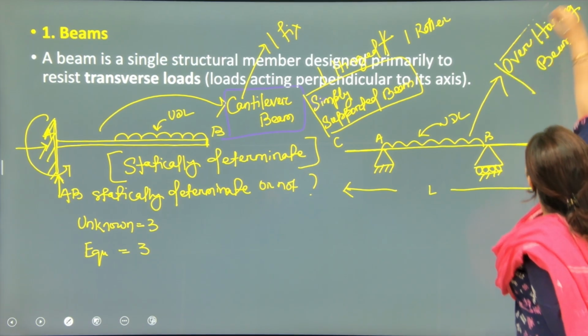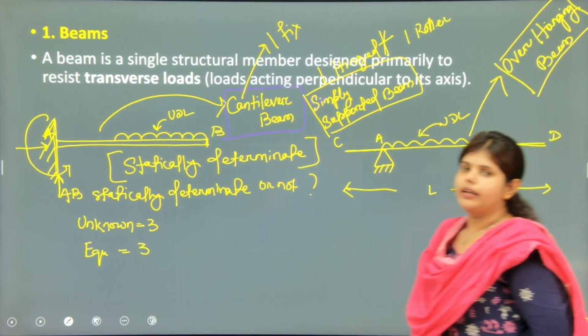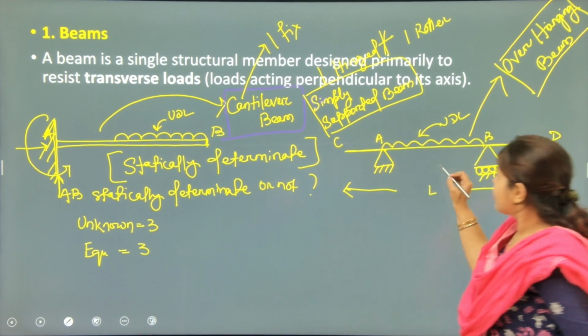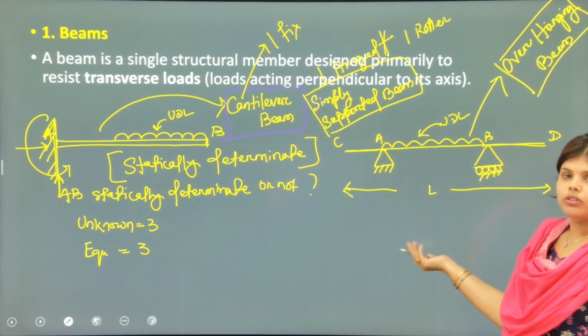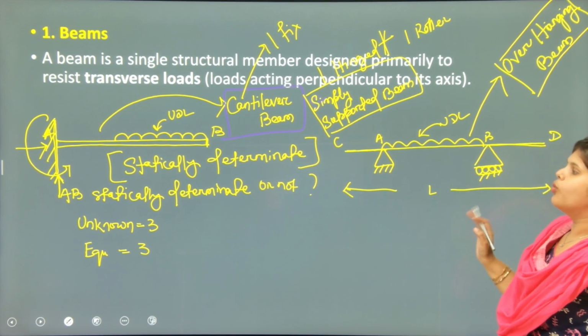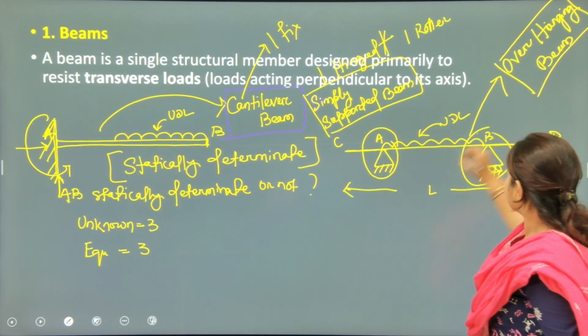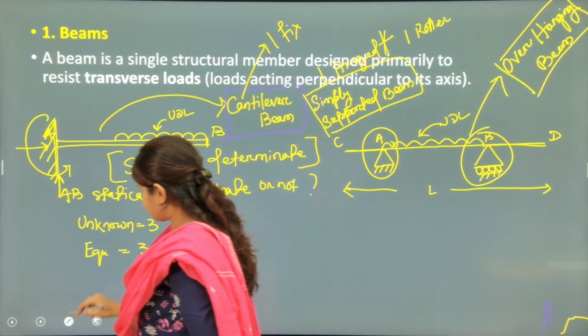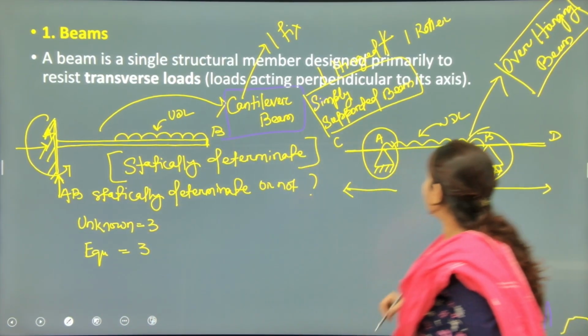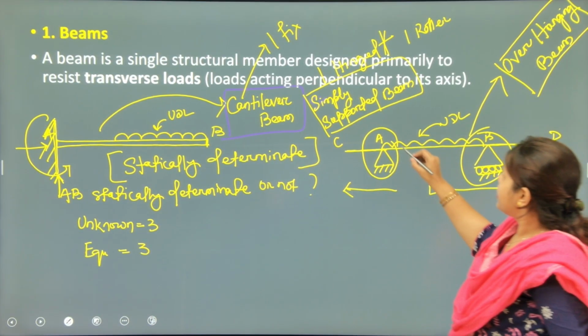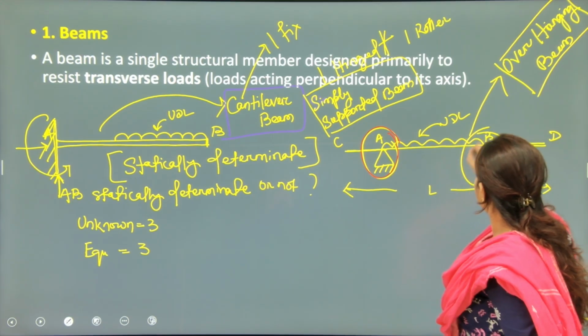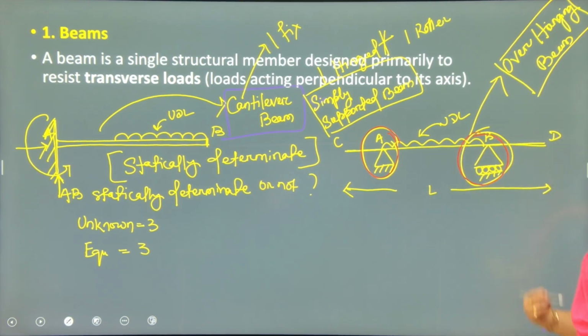So one question must be in your mind: the reaction must be more in case of an overhanging beam. No, the reaction only depends on your supports. Whenever we think about reactions, they only depend on the type of support you have.